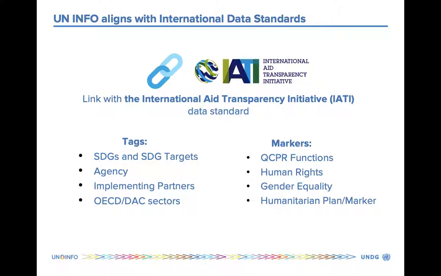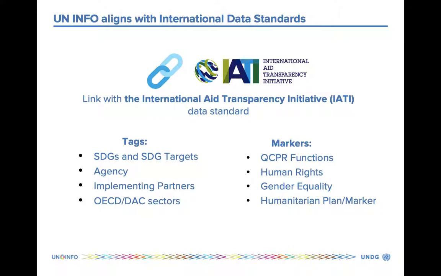If we are all using these same tags, markers, or data codes, we're able to compare within a UNCT, but also compare UNCTs. So again, if we have 131 UNDAFs in UNInfo, that gives us the ability to start comparing cross-border, regional, and ultimately global. A lot of data out there for us to analyze.